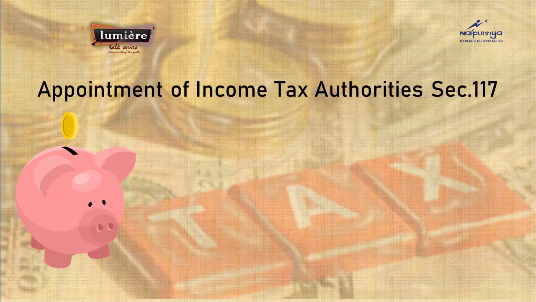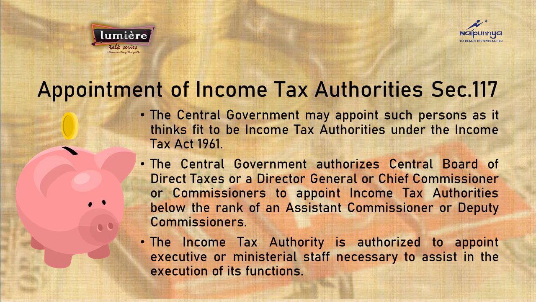Now we see the appointment of income tax authorities under section 117 of the Income Tax Act of 1961. The authorities are mainly appointed by the central government, and the central government can appoint any person as it thinks fit to be income tax authorities under section 117.